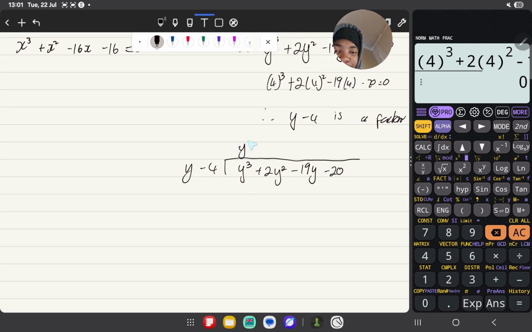You have y squared, you multiply, y to the power of 3 minus 4y squared. We are subtracting, that is 0. The negative makes it positive, so you have positive 4, so 4 plus 2, that is 6. You have 6y. We bring down the rest.